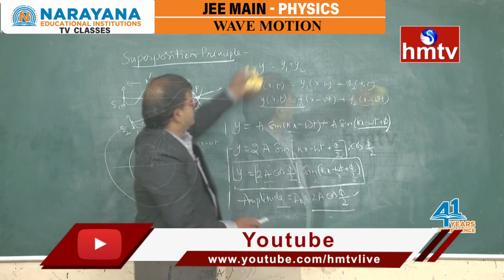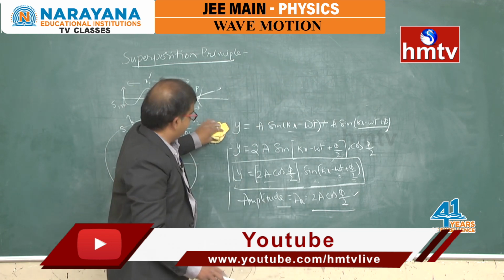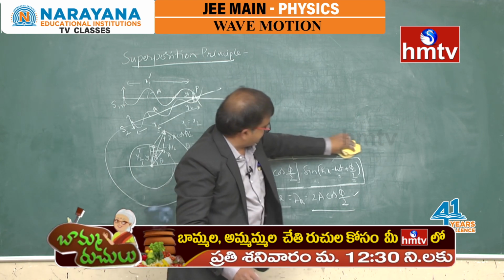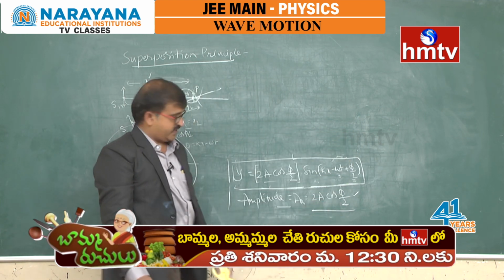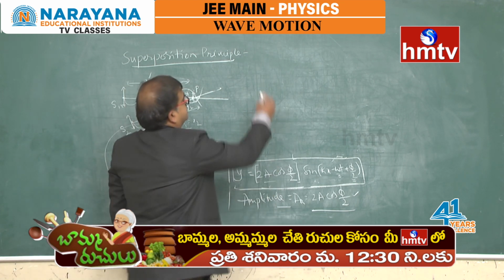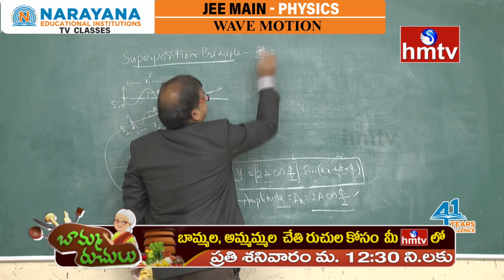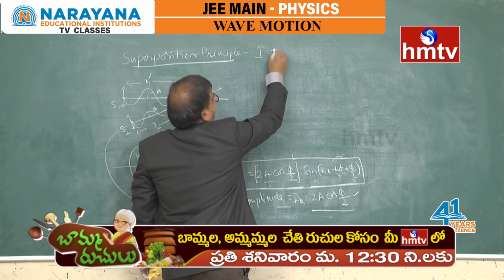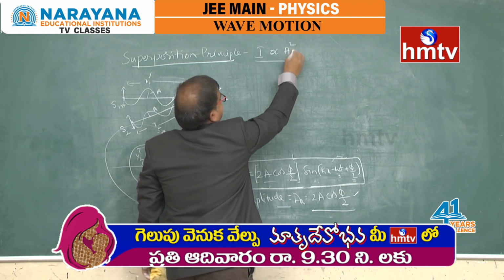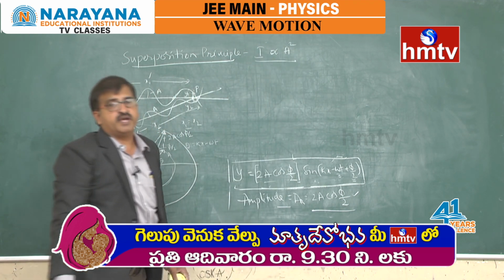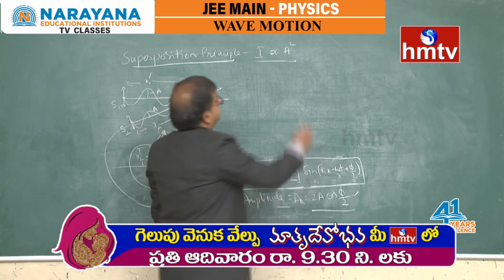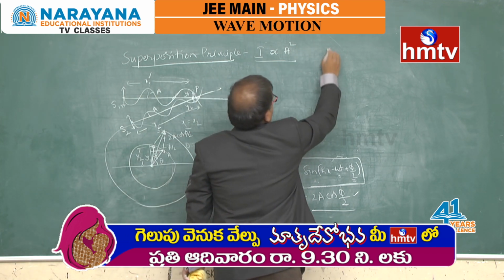Now coming to this particular wave equation, the amplitude 2a cos phi by 2, the square of it gives us intensity. We know that the intensity expression involves amplitude, and the intensity is proportional to the square of the amplitude.